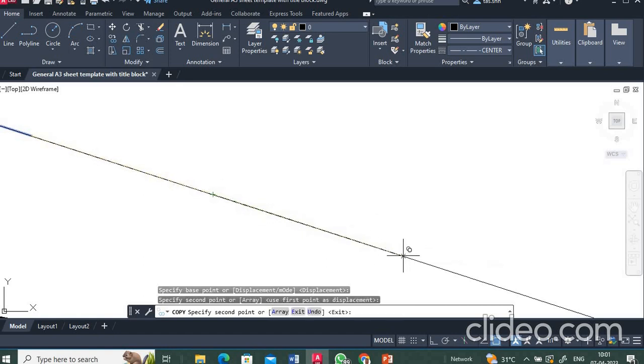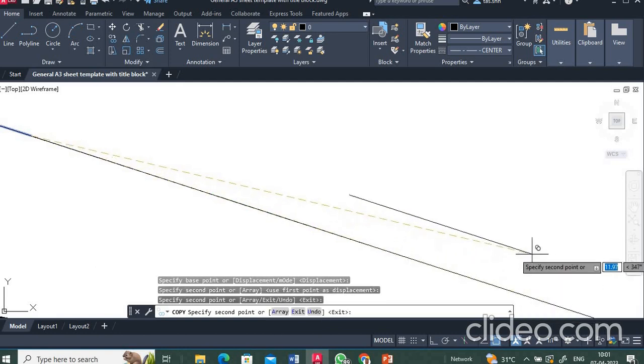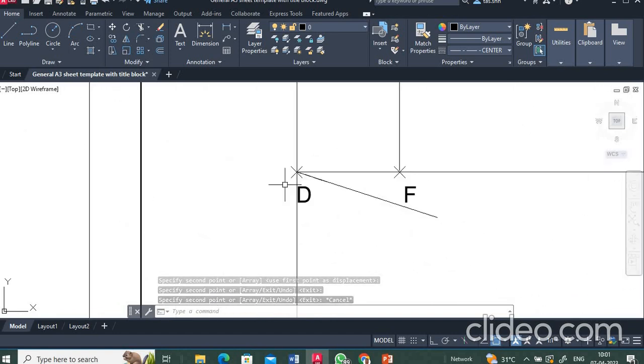First arc, second arc, third arc. Like that, if you cut 7 arcs, you will get 7 divisions in this line.